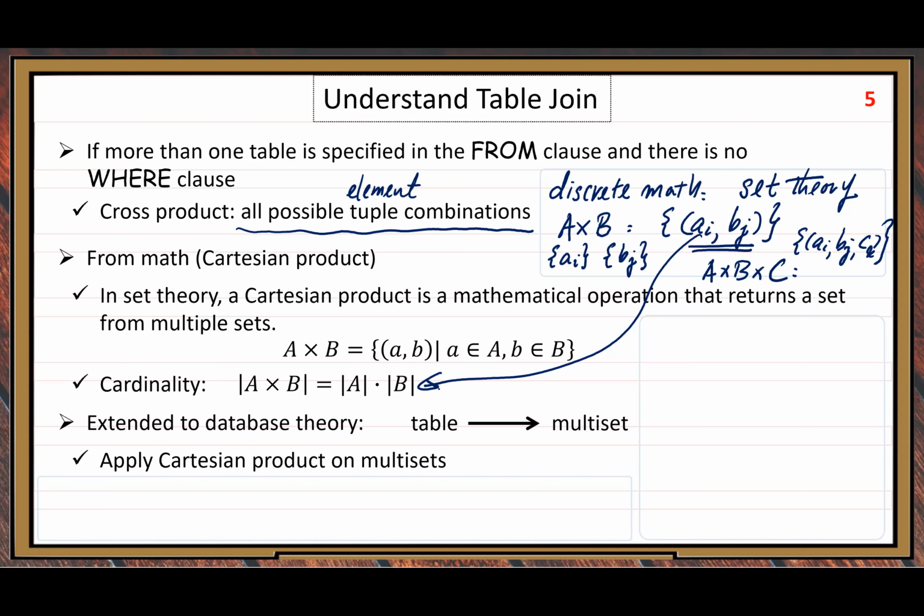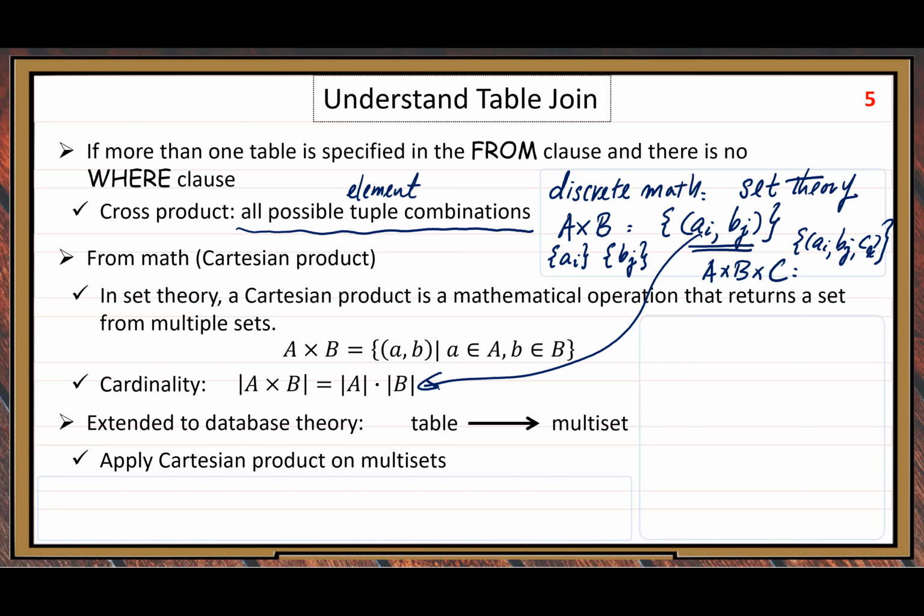We apply Cartesian product on multisets, so you have to consider the duplicate values. How do you treat those duplicate tuples in multisets?